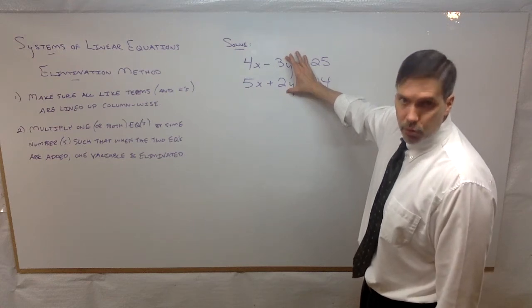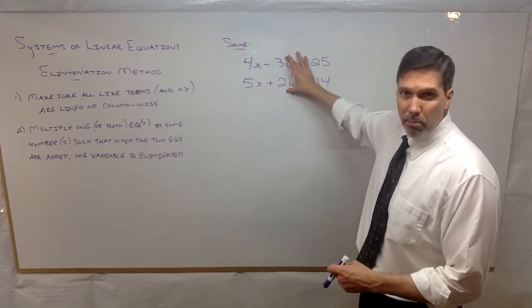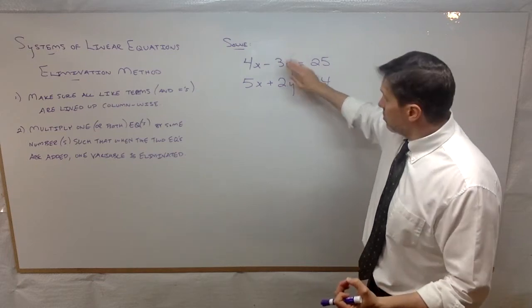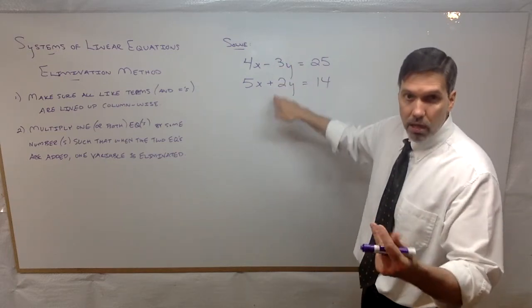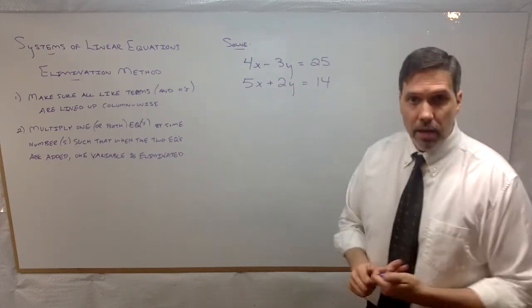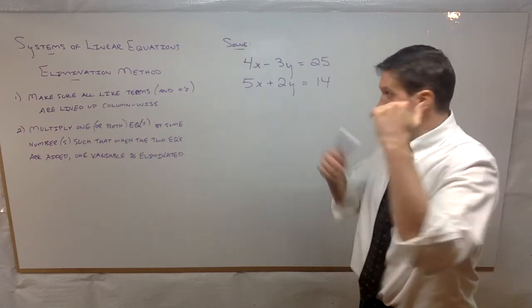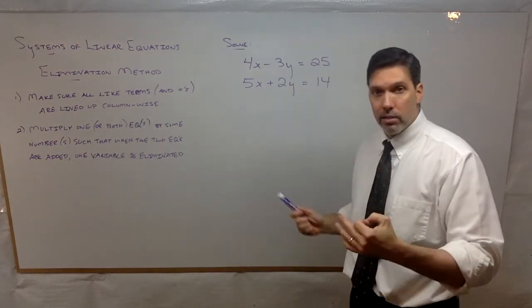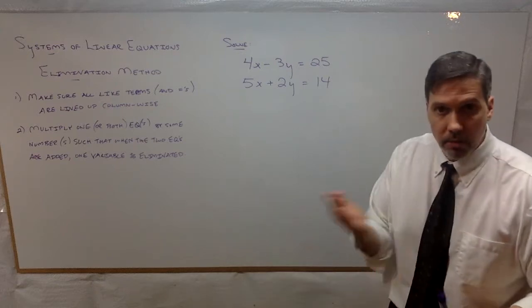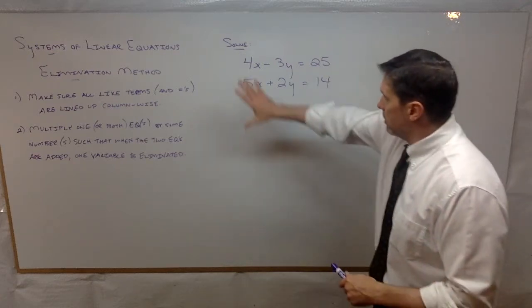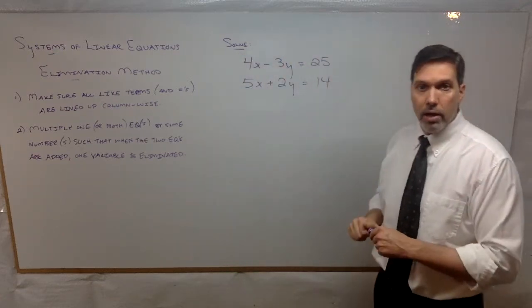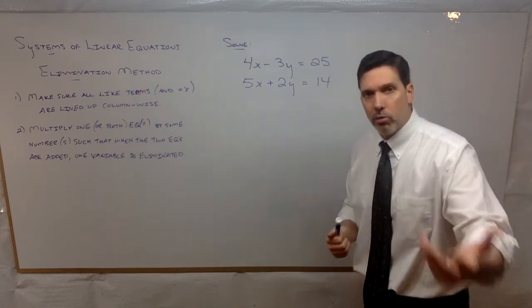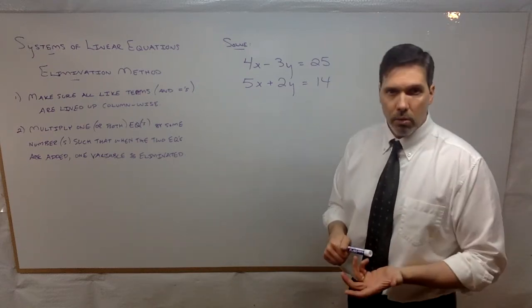If you look at the numbers 3 and 2, the least common multiple would be 6. So I can multiply the top equation by 2 and the bottom equation by 3, and that would also accomplish a negative 6y on the top and a positive 6y on the bottom. When I add those together, the y's would eliminate. Now, it's going to change the numbers in the rest of the equation, but I'm not worried about that. I'm just trying to eliminate either the x's or the y's.